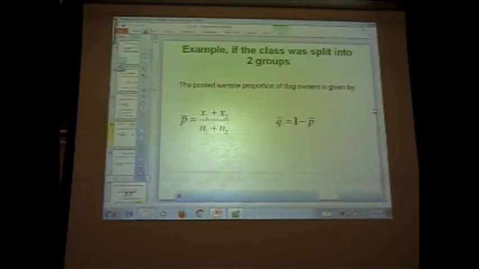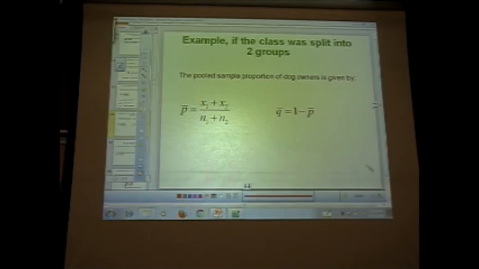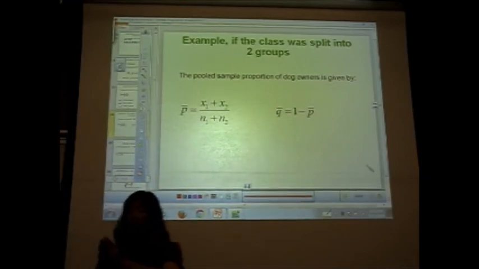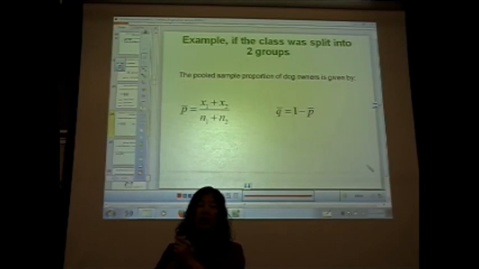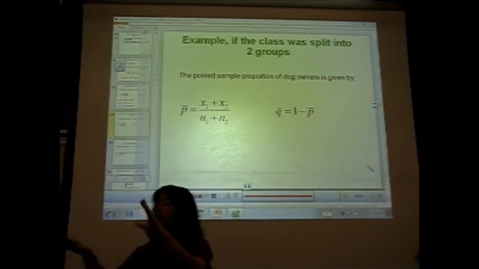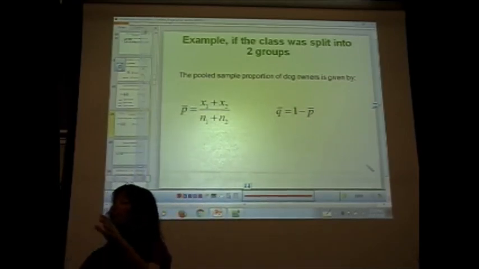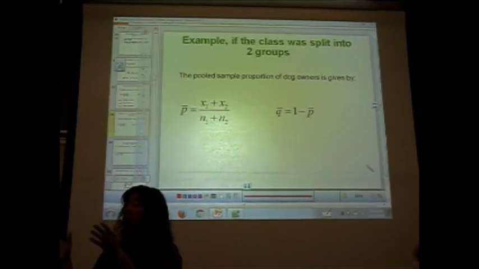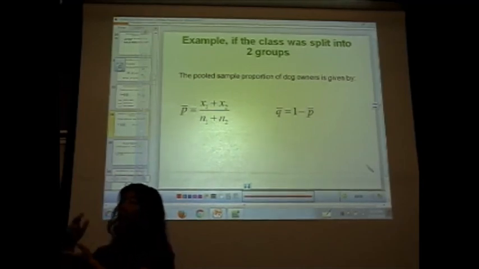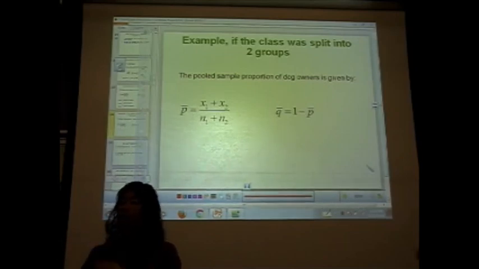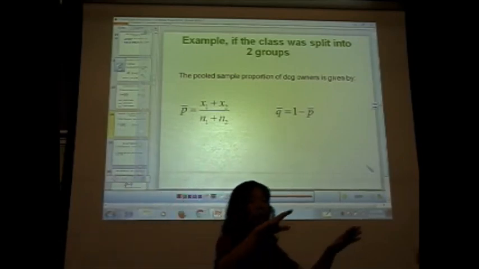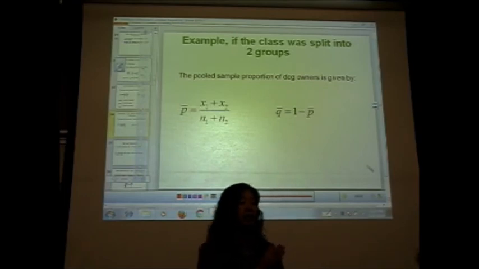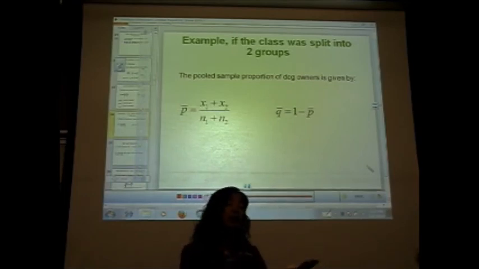Here's an example. Say there are 20 of you, and 12 of you own a dog. So your P hat 1 would be 12 out of 20. Make sense? Then I sample you guys, and I find out that out of 15 of you, 8 of you own a dog.